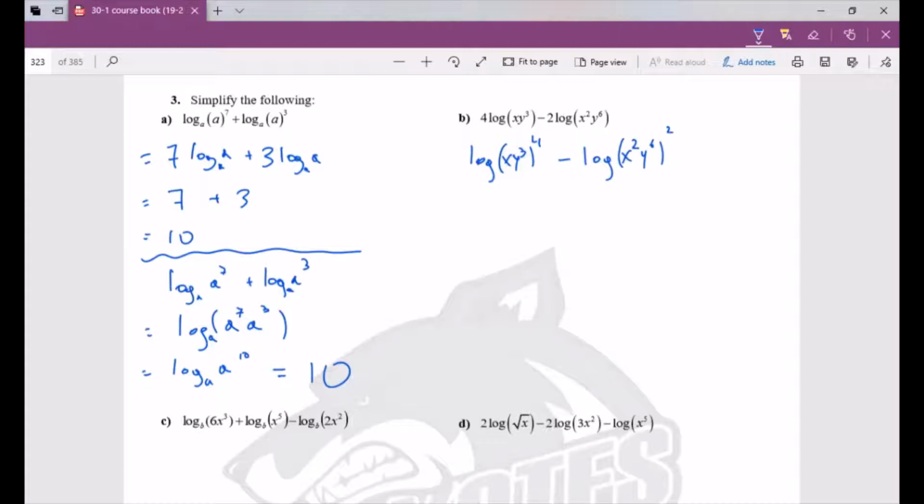And now this is equal to the logarithm of x to the 4 y to the 12 minus logarithm of, distributing this exponent, x to the 4 y to the 12.